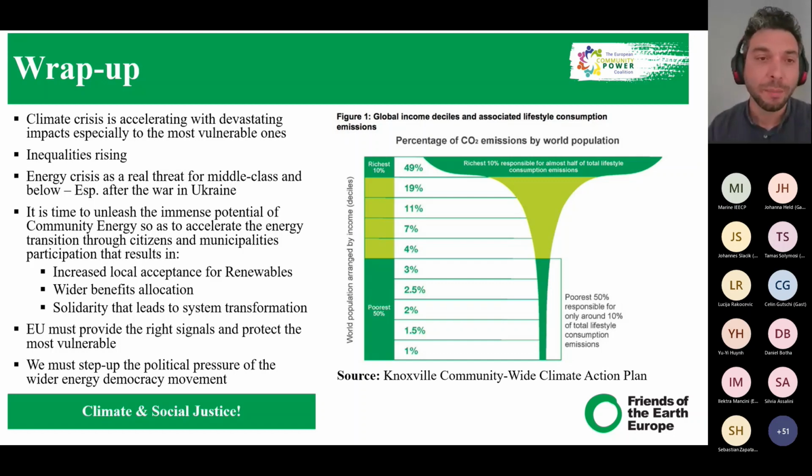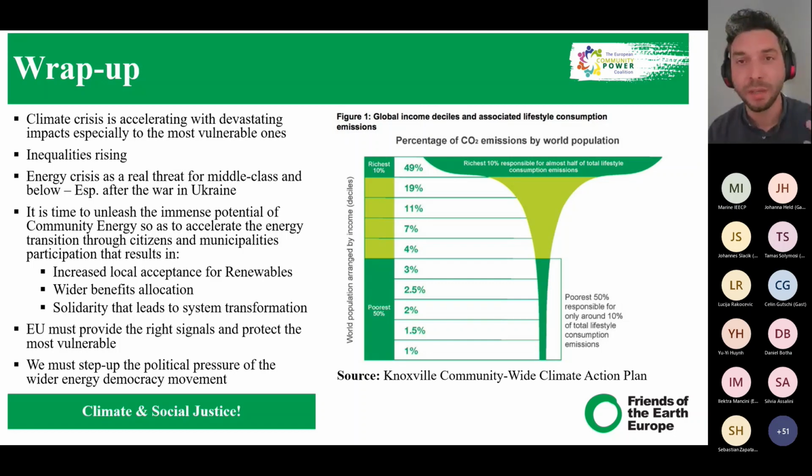So we believe that it is now time to unleash this immense potential of community energy to accelerate the energy transition through citizen and municipalities' participation. That would lead to increased local acceptance for renewables. So we need to quadruple the installed capacity until 2030.